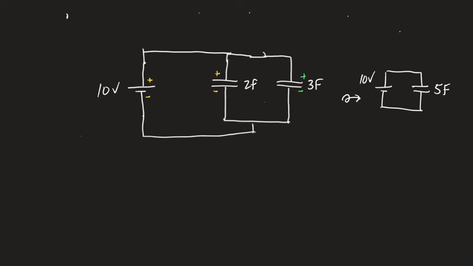First, C total has to be C1 plus C2. That's still 2 plus 3. That's 5. And Q equals C times V. So if the voltage was 10 and total capacitance is 5, then the charge had to be 50 coulombs. So there's 50 coulombs of charge on that capacitor.